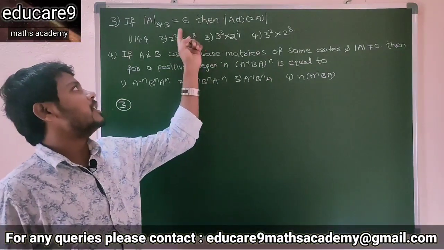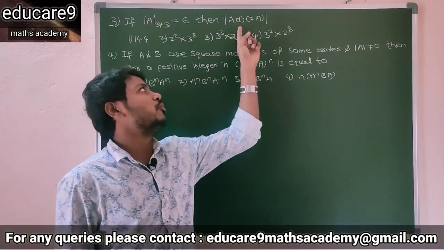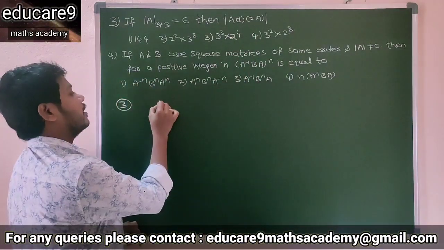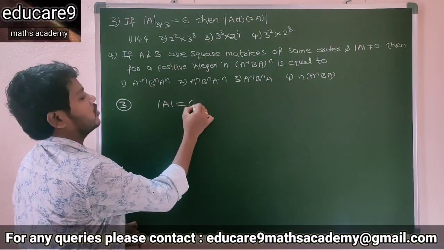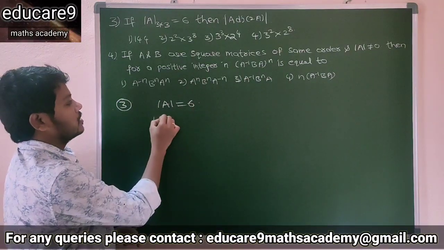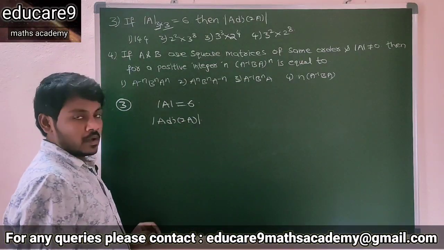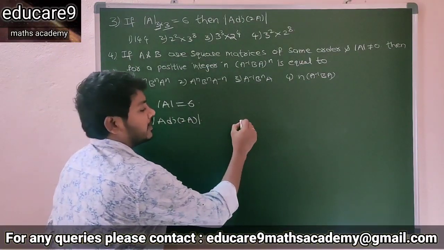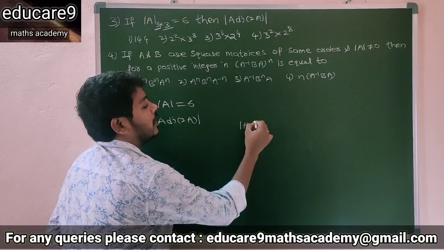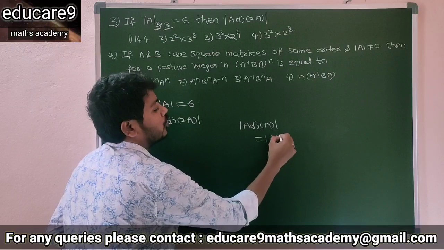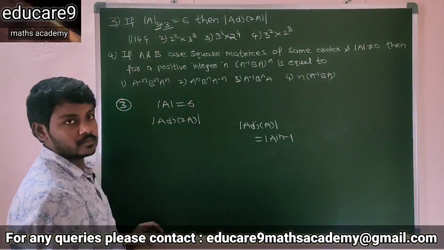See the next one. Here determinant of A is given as 6. Then you need to find the determinant of adjoint of 2A. So here determinant of A is equal to 6. Here the determinant of adjoint of 2A: you know that the determinant of adjoint of A is determinant of A whole to the power of n minus 1.